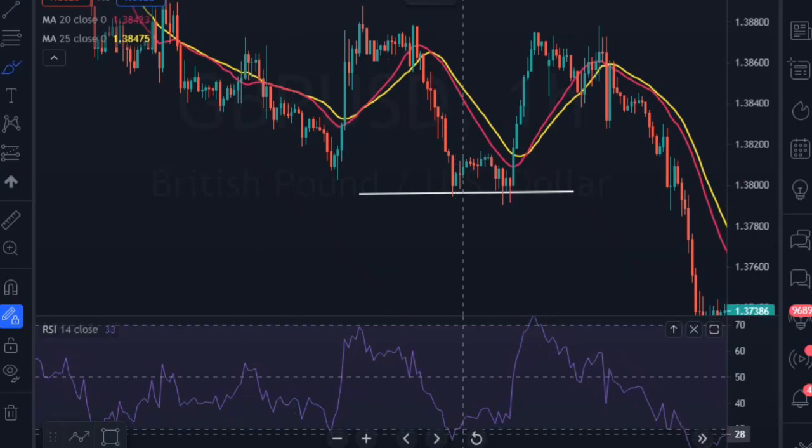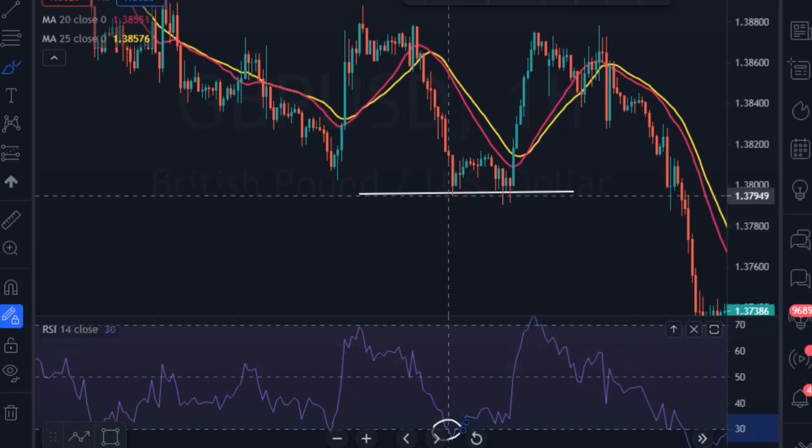We see that the RSI has already given us the first signal that price is at the 30 mark. But if you measure that to this one, you can see that at that point in time price is not yet above the moving average.